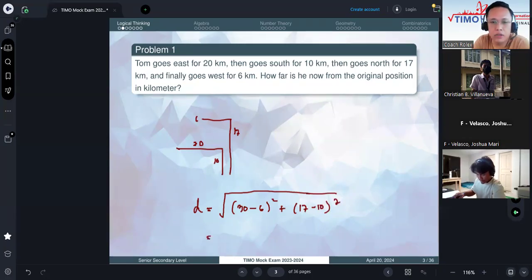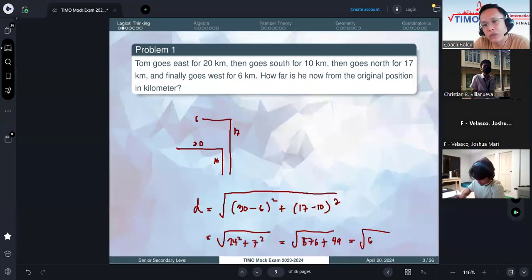Then simplify this, you will have 14 squared plus 49. So 24 squared plus 7 squared. So 24 squared is 576. 576 plus 49, you will get 625, and the square root of 625 can be simplified to 25.